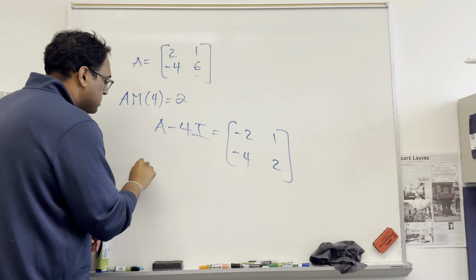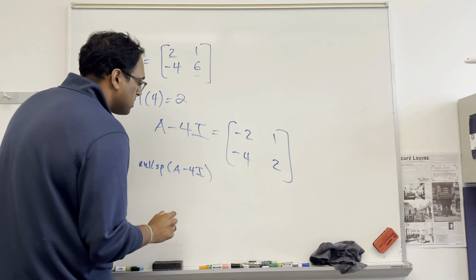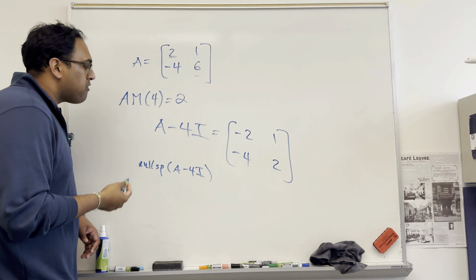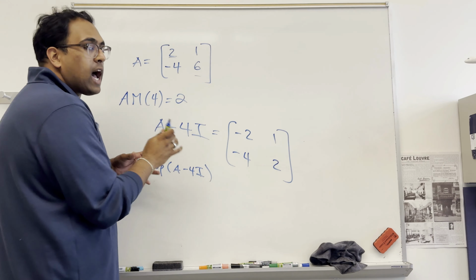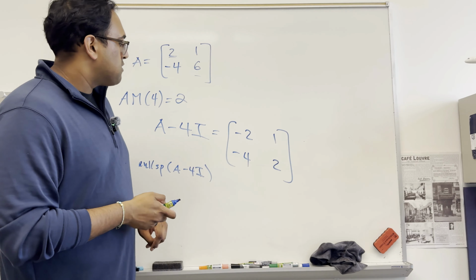The null space of A minus 4I is the set of all vectors that are eigenvectors of A with eigenvalue 4. Okay, so the question is, what is the dimension of the null space of A minus 4I? Well, A minus 4I is a rank 1 matrix. This column times negative 2 gives me this column.